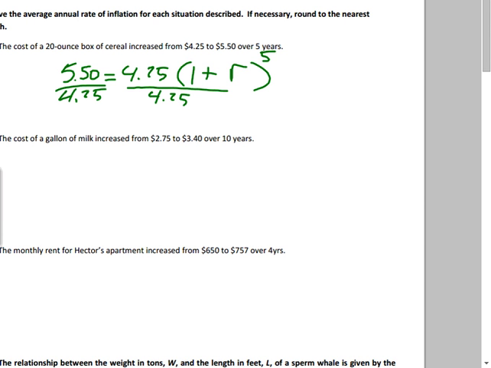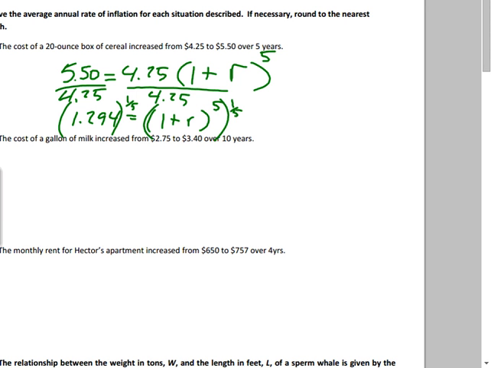And then at the end, you're going to have to put something to the 1/5 power. Again, the calculator is pretty handy for that. On this one, just to help you a little further, 550 divided by 425 is 1.294, which equals (1 plus r) to the 5th. Now I have to put both sides to the 1/5, and that's where your calculator is going to come in really handy.